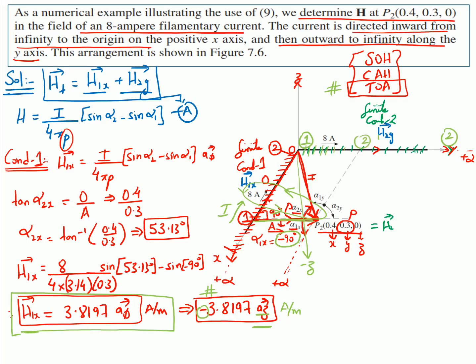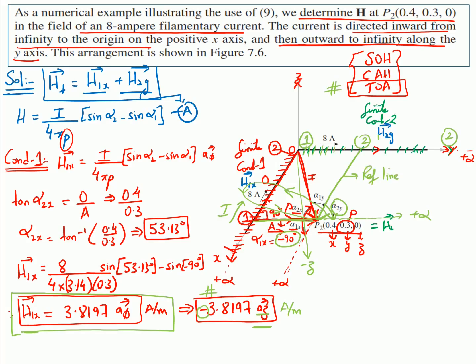So if we connect point 2 to the point of interest P2, this is the first point, and if we extend this along to positive infinity, the angle made from Y to this infinity is alpha 2y, and now this is our reference line.